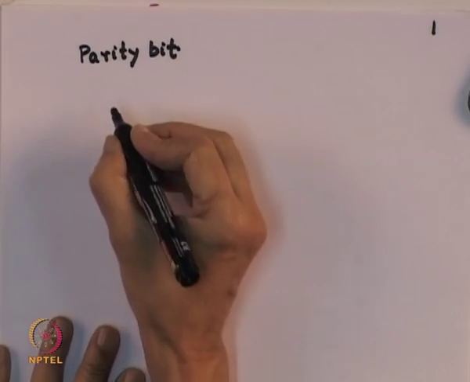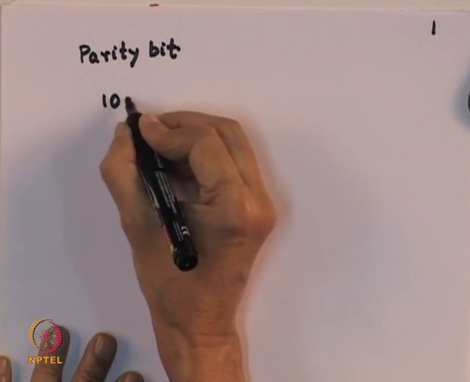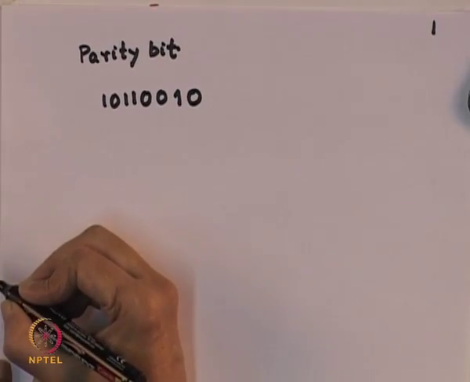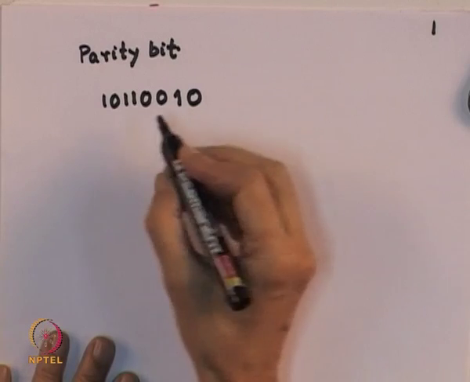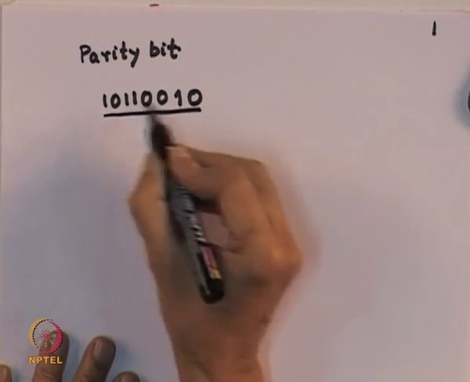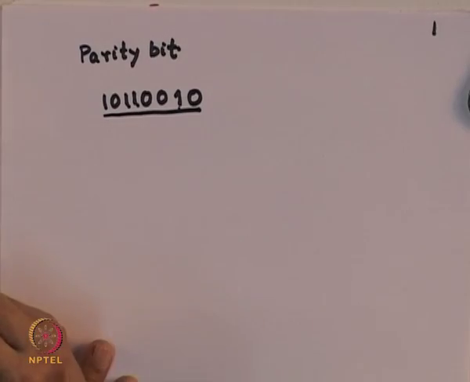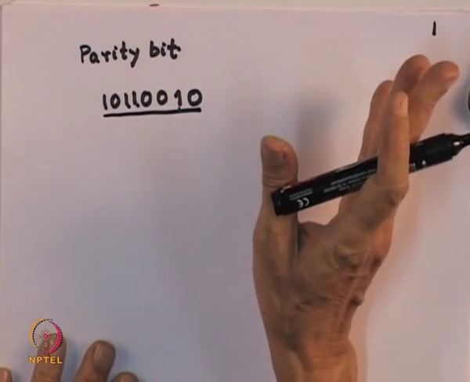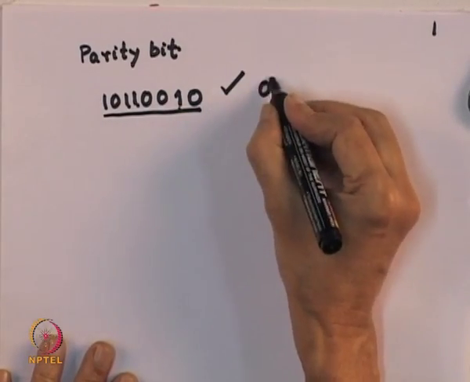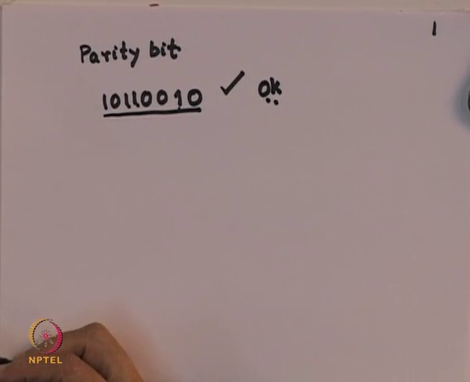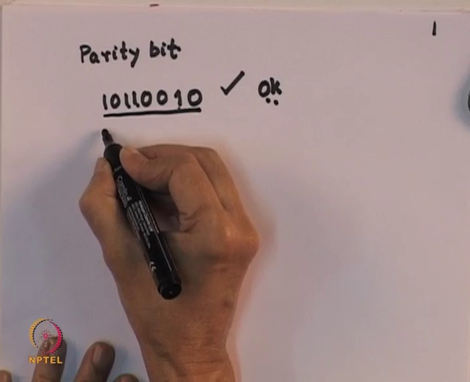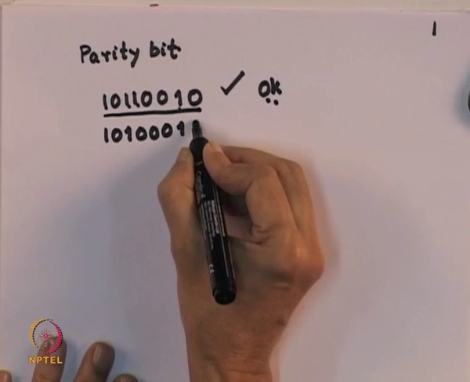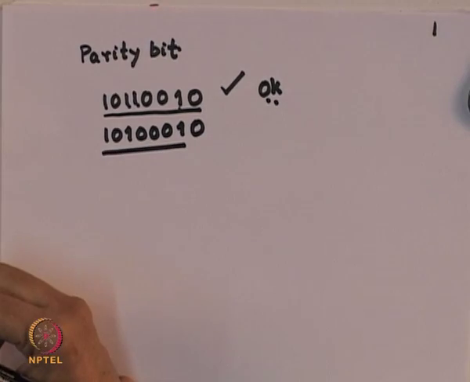So notice this, suppose I have a situation like this, 1 0 1 1 0 0 1 0. This is what was sent, let us suppose. This has 4 ones here, here, here and here. So since the number of ones is even, that is the protocol which we agreed, this is okay. This is the correct situation. On the other hand, if the receiver receives a situation like this, you notice there are only 3 ones in it.